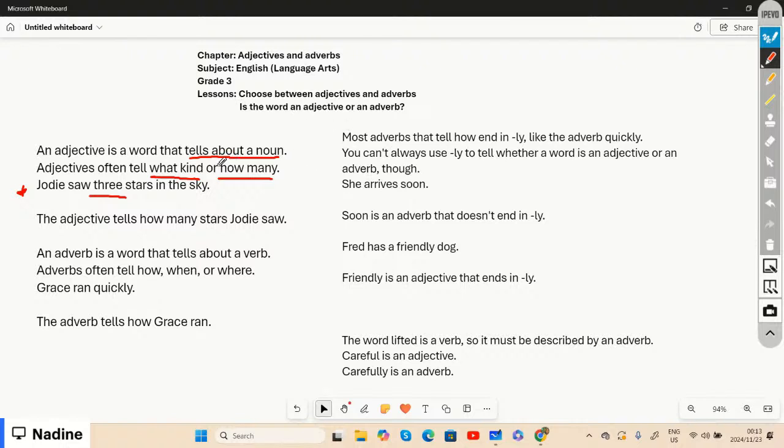That is where it says adjectives tell us how many. So 3 tells us how many stars Jody saw.